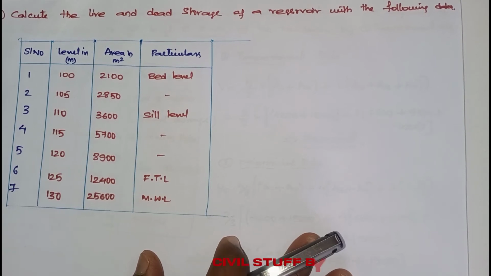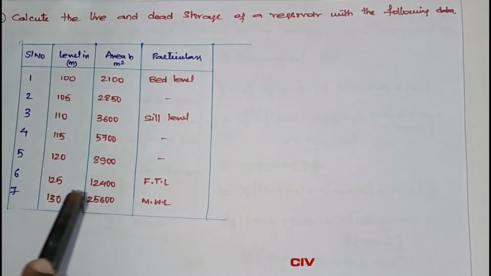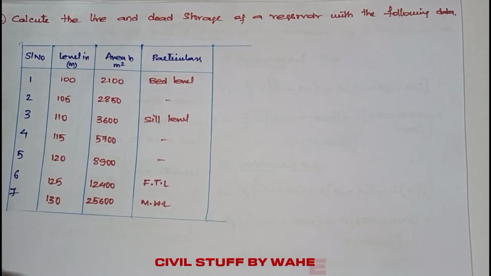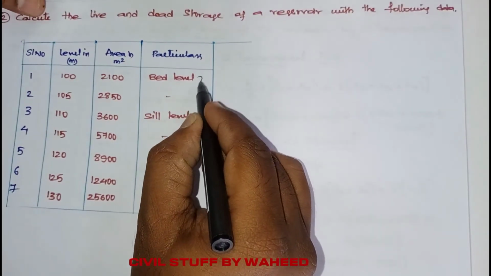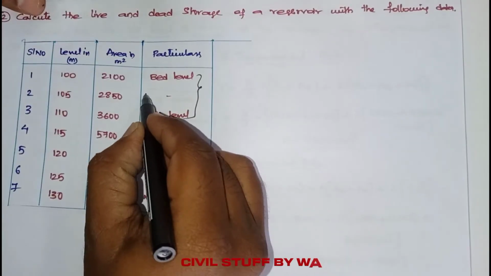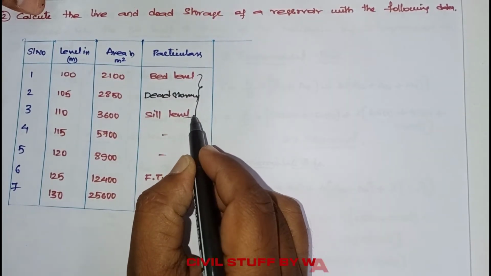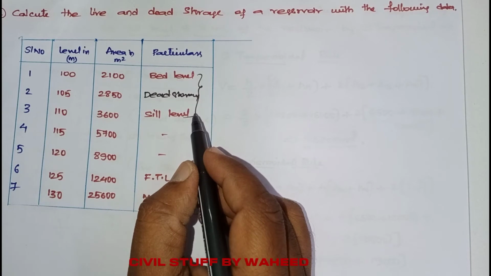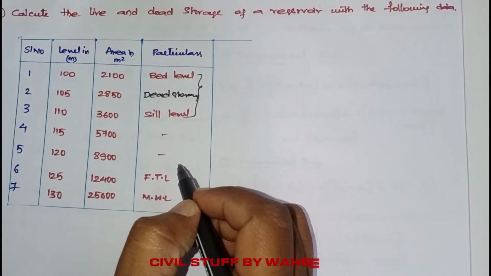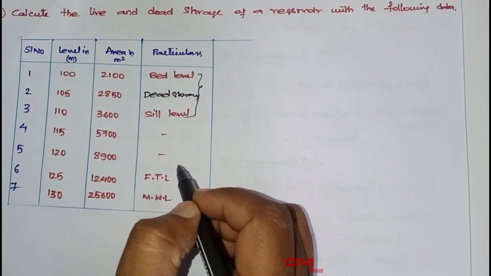Now here, as I said, the gap between these is called dead storage. And the gap between the remaining portion is nothing but live storage.